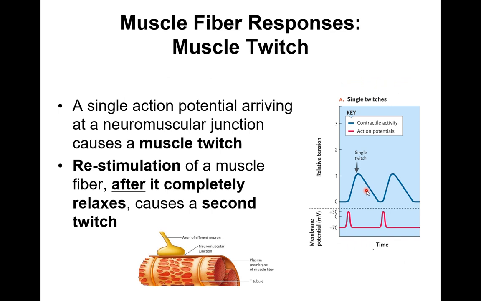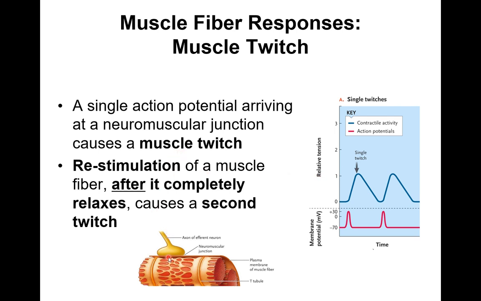Now, how does this work? How does the activation of one of the synapses translate into a contraction? Well, every time you have a synapse releasing some acetylcholine, so one bout there, you get what is called a single twitch.